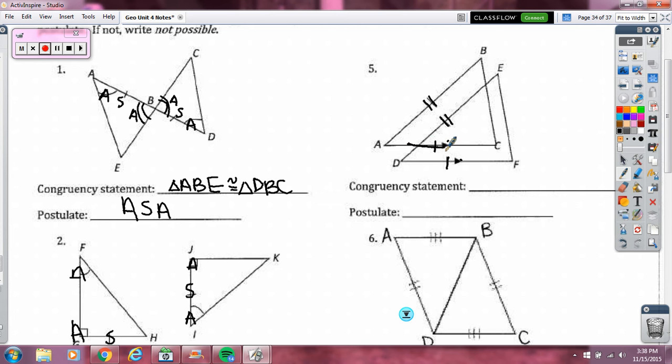And from our unit on parallel lines, I know that I would be able to maybe mark these 2 corresponding angles. But that angle right there isn't one of the angles of the triangle. It's not A, B, or C. So on this one, it looks like we just aren't going to have enough information to have congruent triangles. But I did have to kind of think about what effect those parallel lines would have.